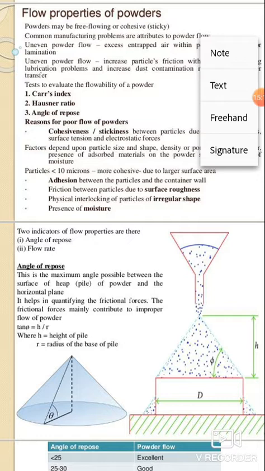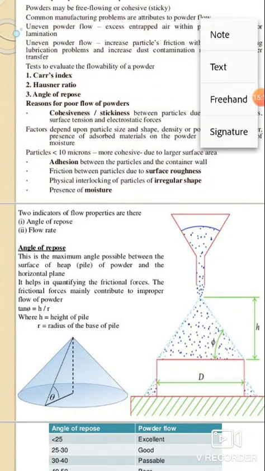Next is the increase of particle friction with the die wall, causing lubrication problems. So what is lubrication? Lubrication means addition of lubricants and glidants, which increase the flow property of powders.